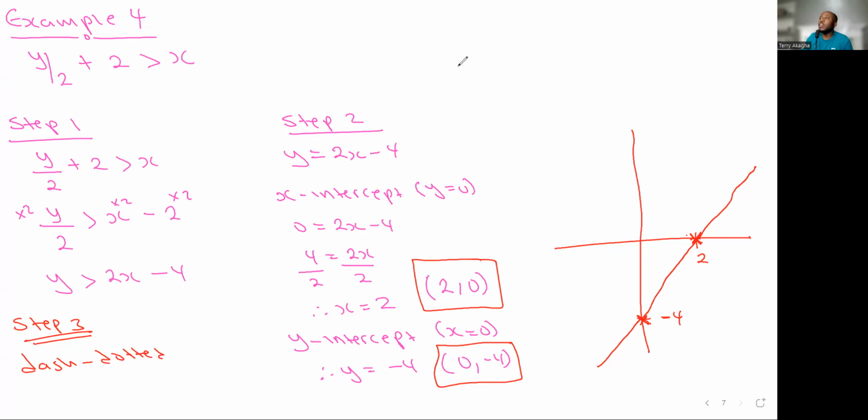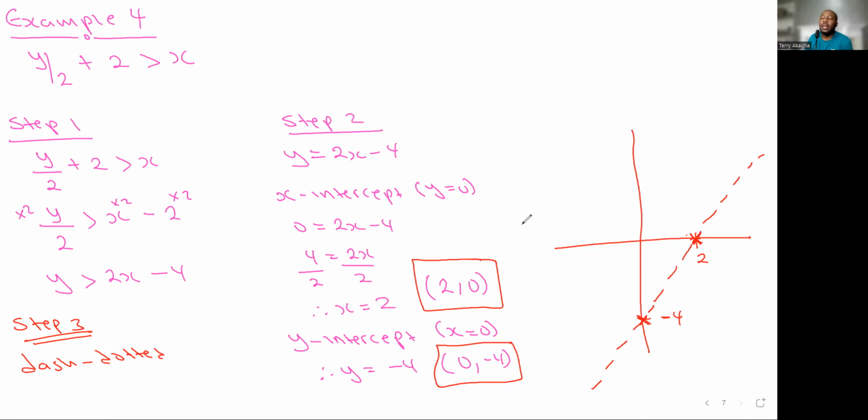Okay? So we're going to put a dashed dotted line now to replace this. It's going to look like this. A dashed dotted line instead.